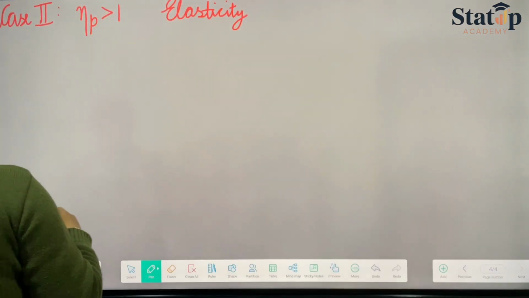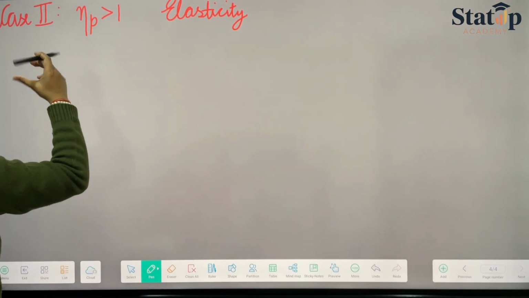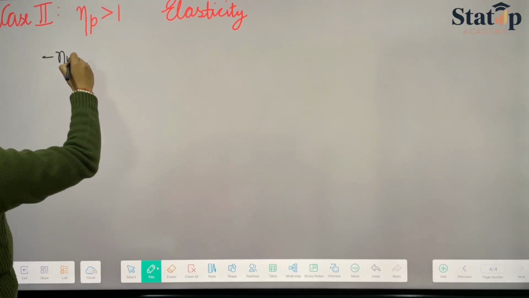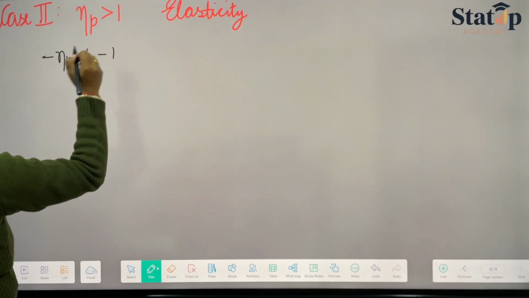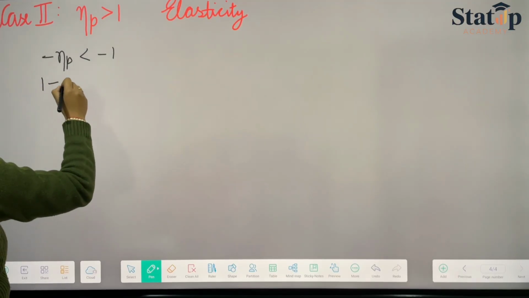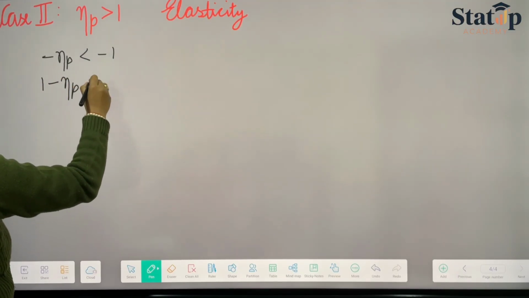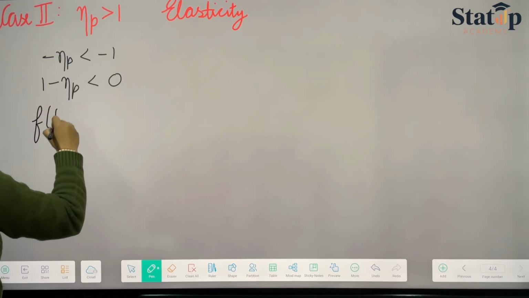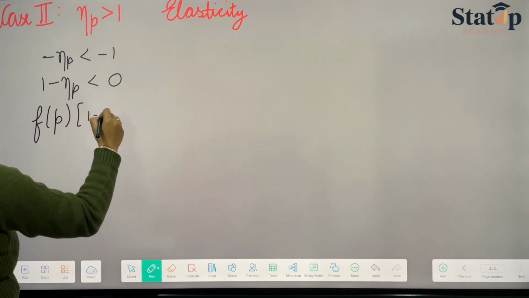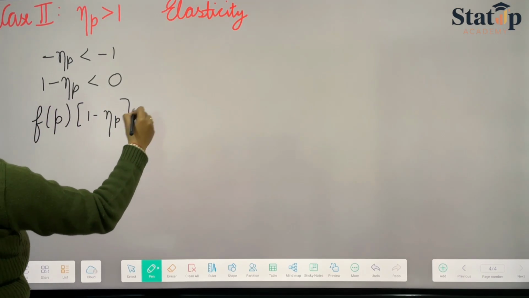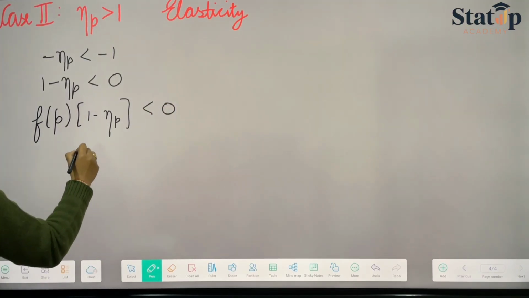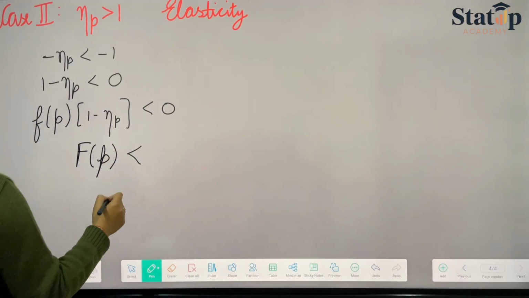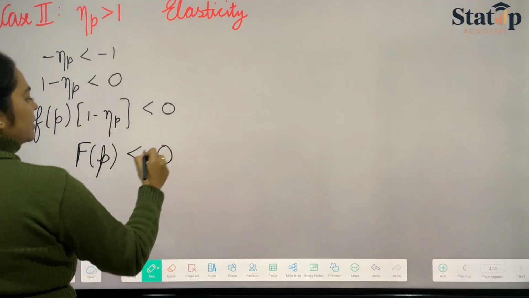So now we can multiply minus on both sides, then we will be getting this. Then we can add 1 on both sides, we will be getting 0, and we can multiply by small f(P) on both sides. Now this is nothing but the formula of capital F'(P), which is market turnover, is less than 0.